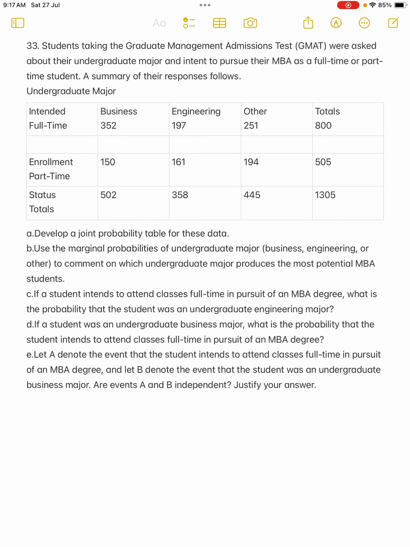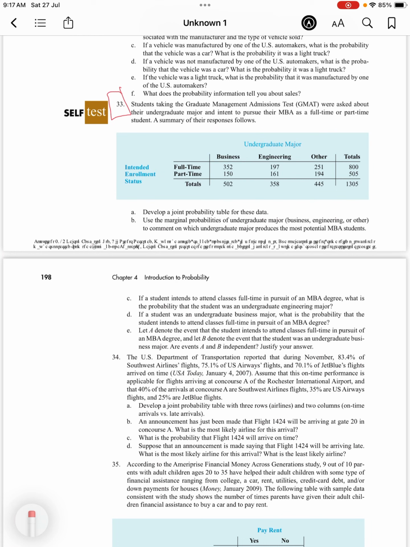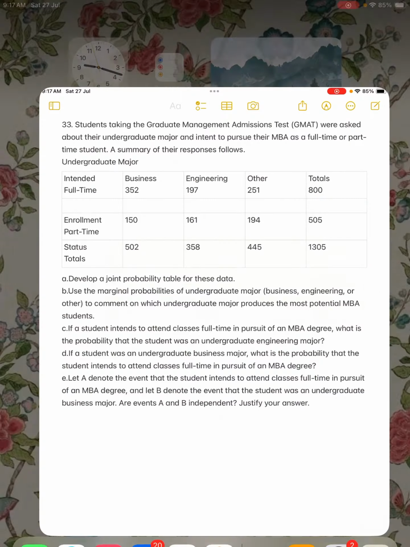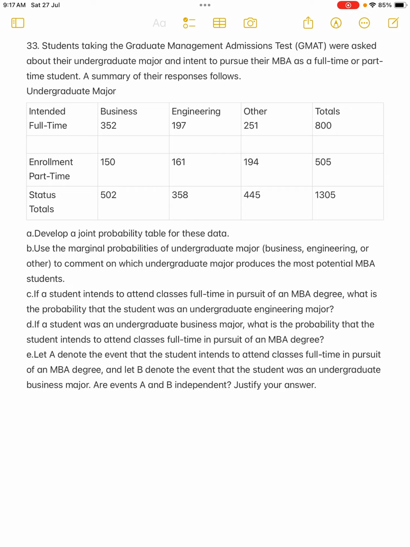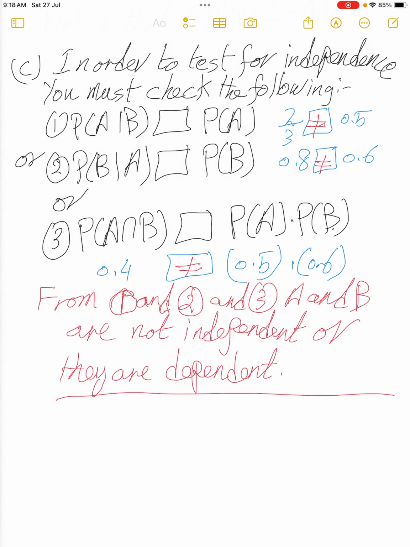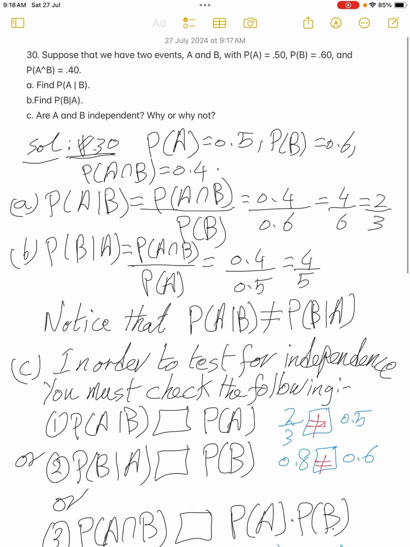But before we move, we will see the number of the page, which is 197. Here, page number 197.